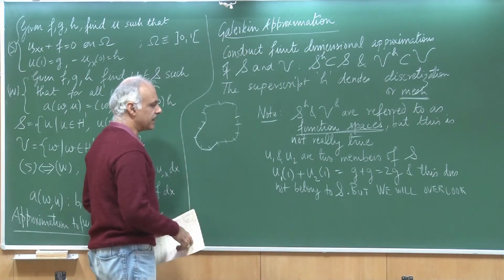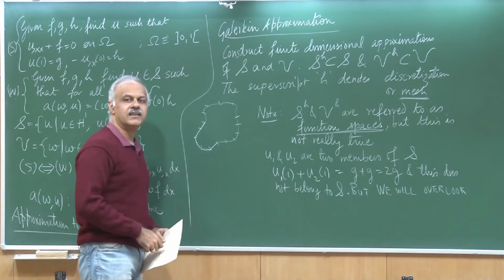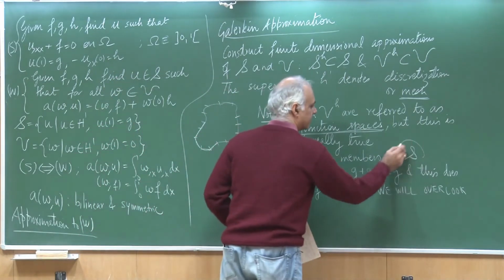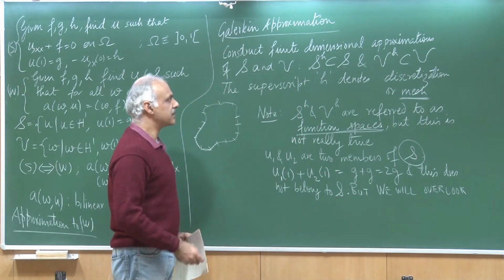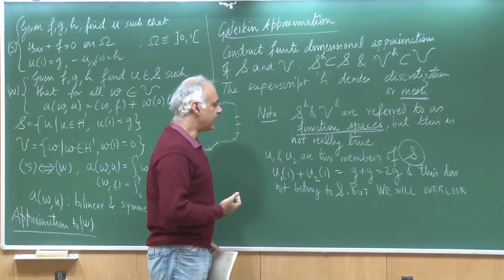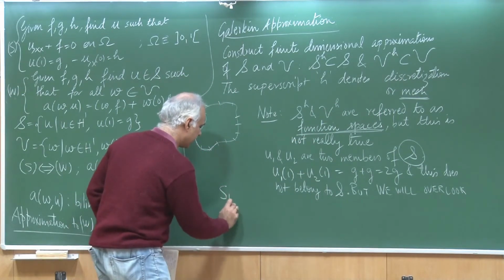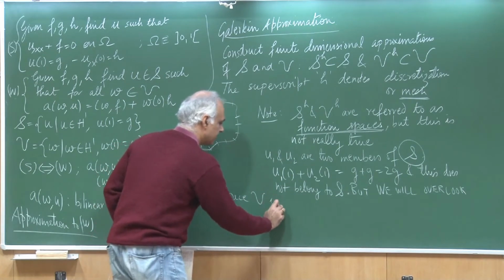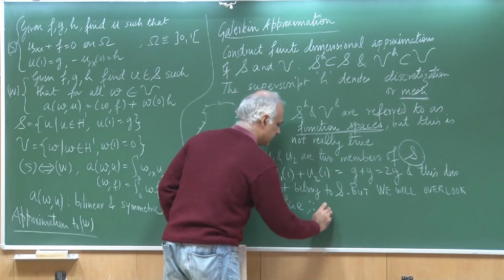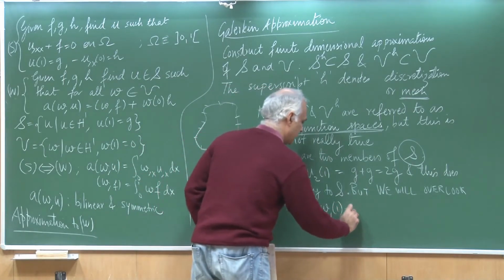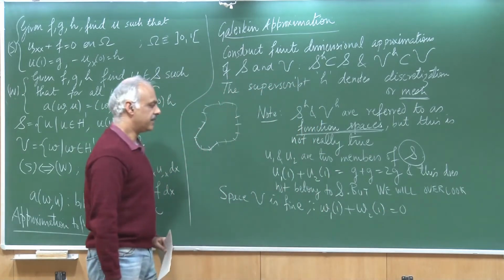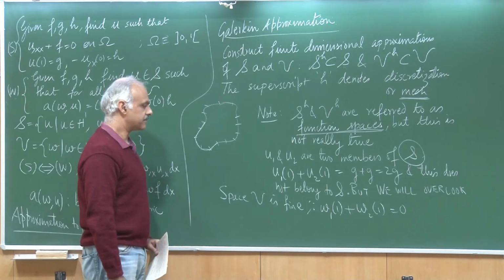Okay, so it is a little bit of loose terminology, but that is fine, especially for S. In fact, the space V is fine, because there w1(1) plus w2(1) is still 0 and that still belongs to the same space.